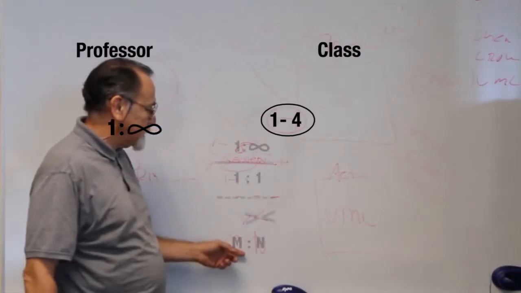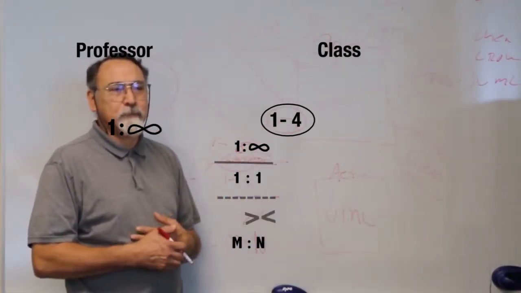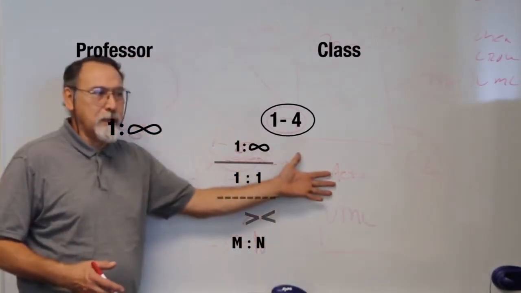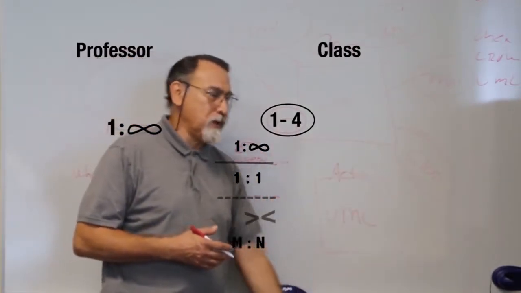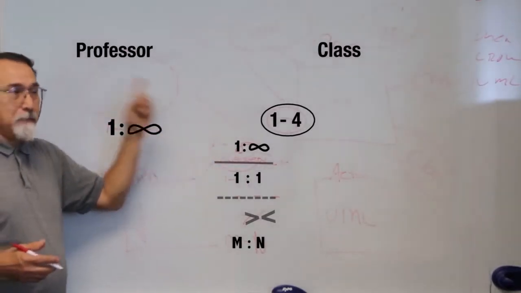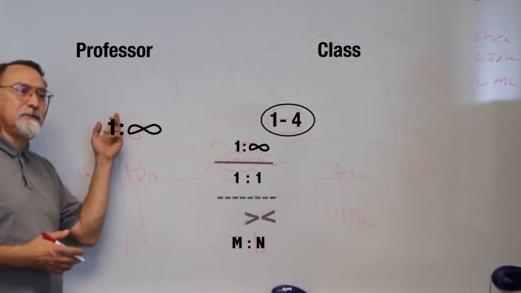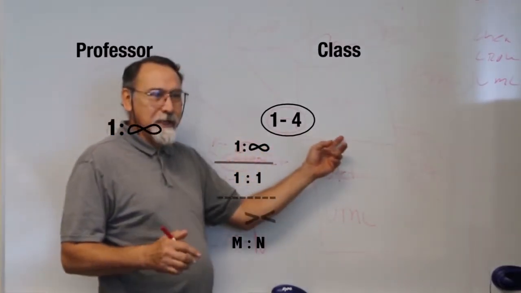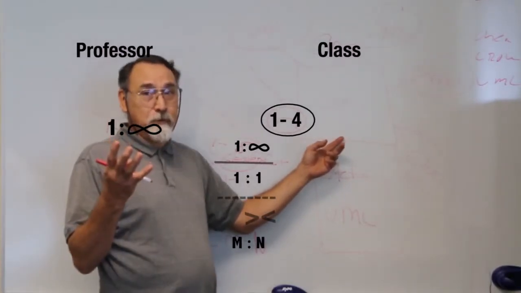So the symbolism is used to help get the idea across that yes, data is flowing, but there are conditions to the way the data is going to flow. Once again, a professor can teach many classes, but he can only teach one class at a time. So how do you graphically indicate that yes, he can teach many classes, but only one at a time? And then on the student side, yes, a student can take many classes, but there's a maximum of 4.